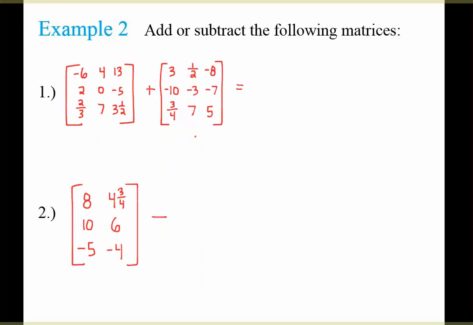And let's do subtraction with this one. -2, 3 1/2, 6, 2 1/2, -18, -5. Okay, you're going to need a little time to work on these, so take your time, go ahead and hit pause, and then when you're ready, we'll go over and check answers.